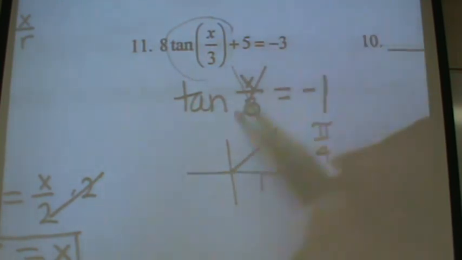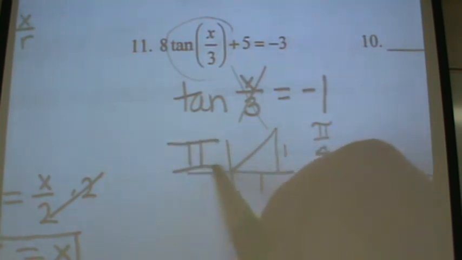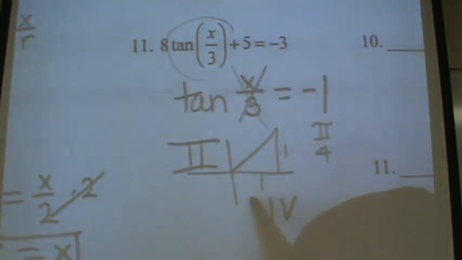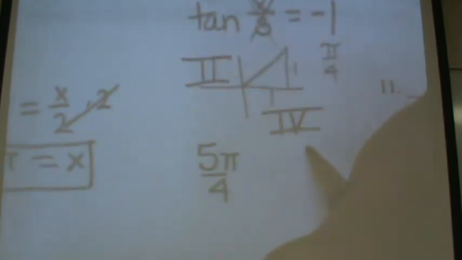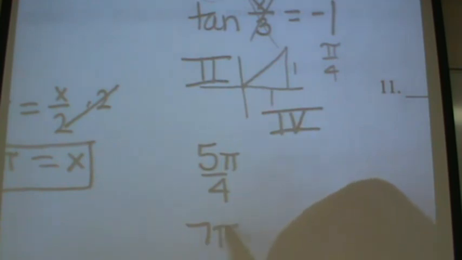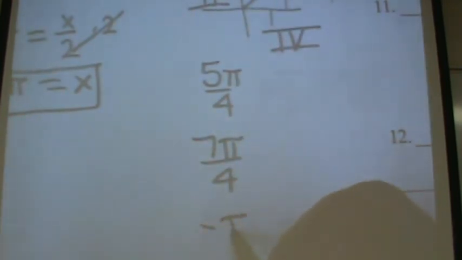Where is tangent negative? It's negative in quadrant 2 or 4. So what's the name of that angle in quadrant 2 with a 4 in it? It's 5 pi over 4. If it's in quadrant 4, what would it be? It could be 7 pi over 4. You could even say negative pi over 4.